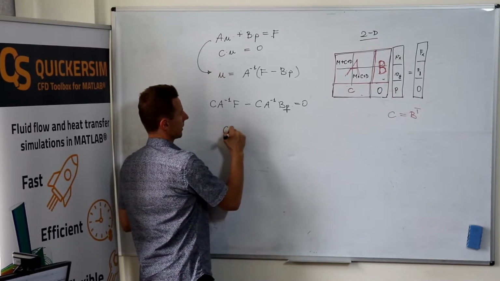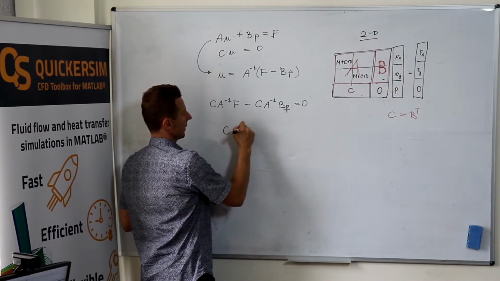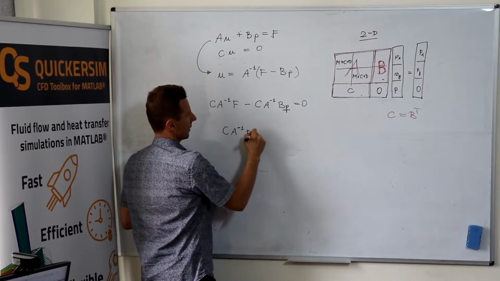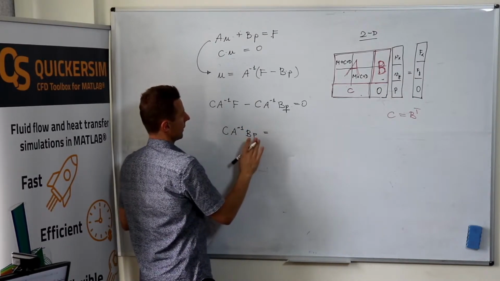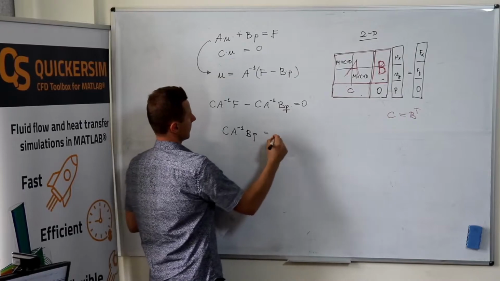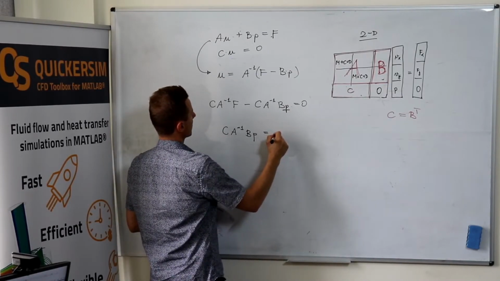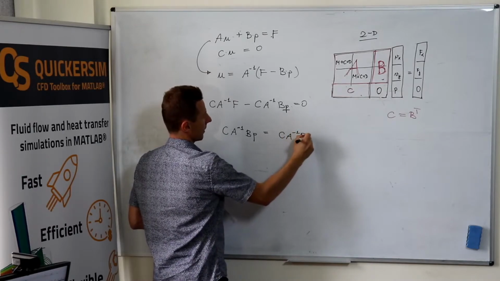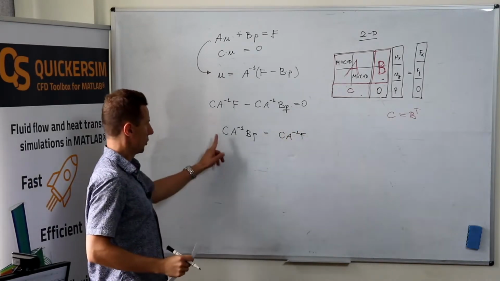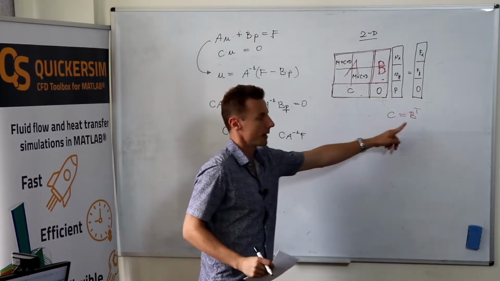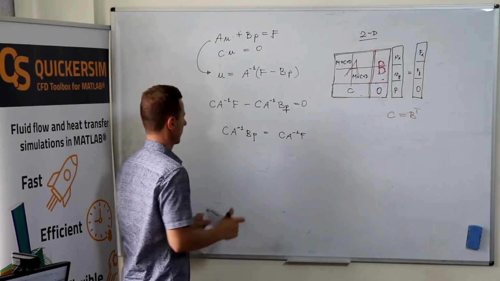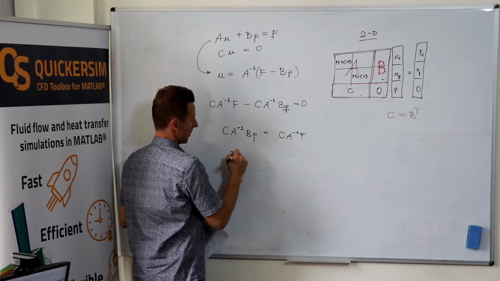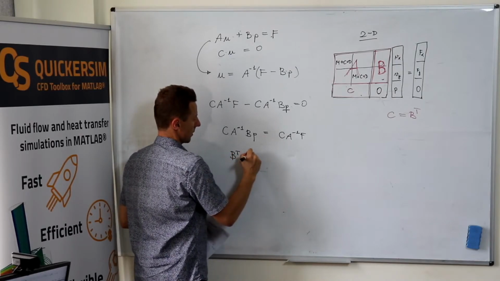So we can write C A^-1 B P equals C A^-1 F. Knowing that C is actually B transpose, we can write it as B transpose.